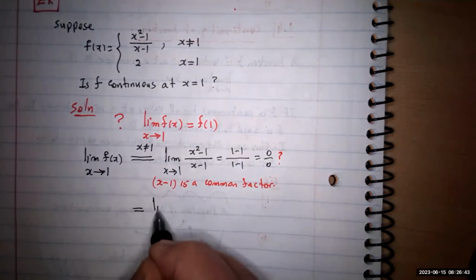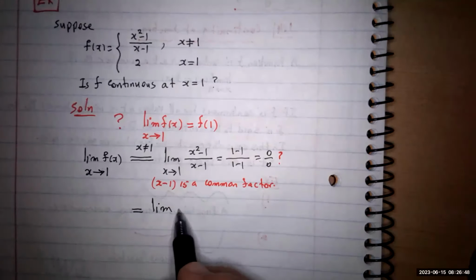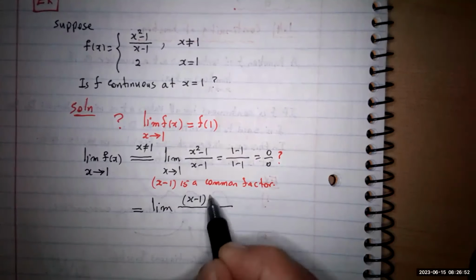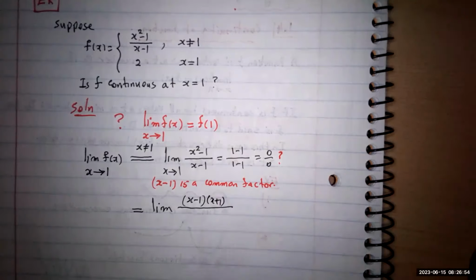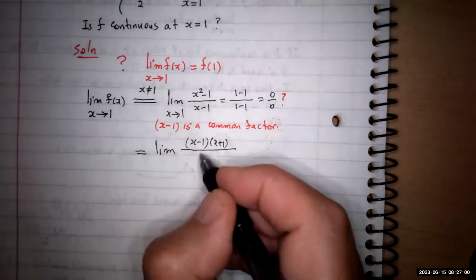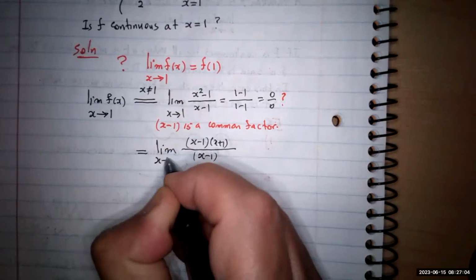So this means more work is needed. It's a limit of, and you can factor it right away at the beginning. So this is going to be (x minus 1)(x plus 1) over (x minus 1), x goes to 1.